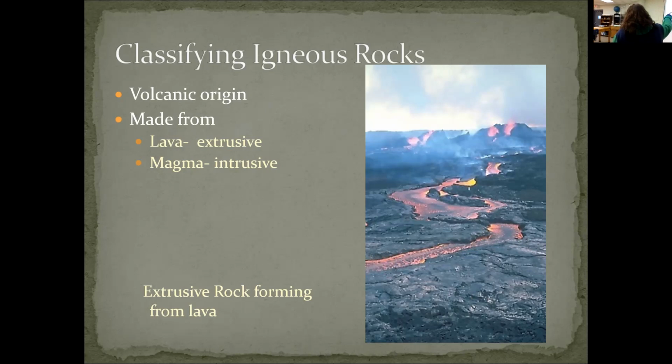So anything that forms from lava is extrusive because it happens up above. But things like granite, where it has great big crystals in it, great big minerals that you can see, that forms down below because the slower something cools, the bigger the crystals get. Up here, when this stuff cools down, you can't see the crystals. They're considered fine-grained.